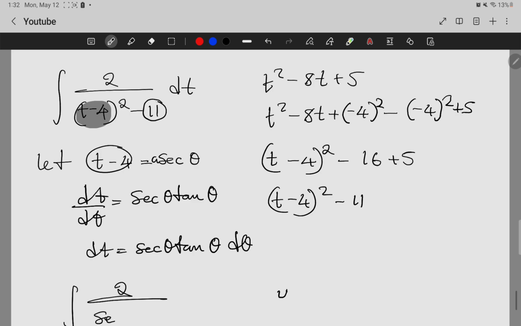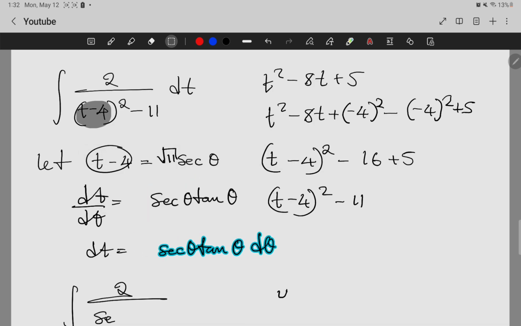So a is the square root of 11. Since it's not a perfect square, we'll keep it as the square root of 11. So that one will still be here even after differentiating. So this will be square root of 11, square root of 11.